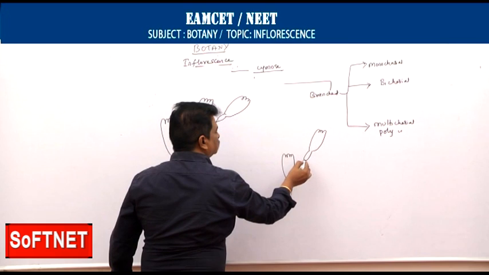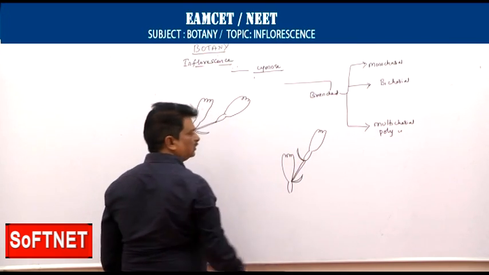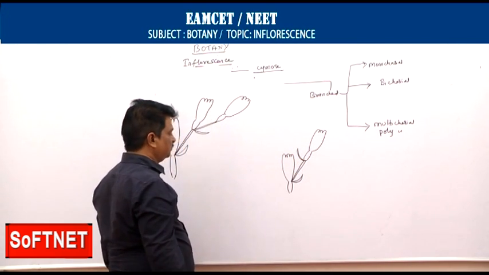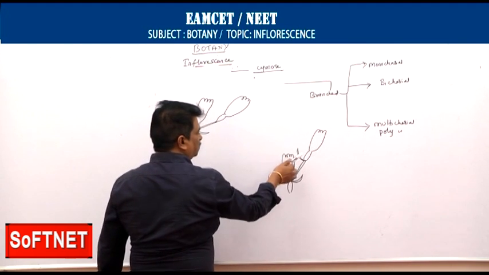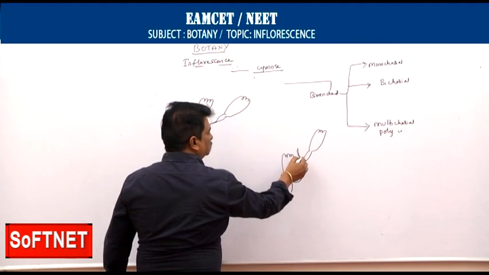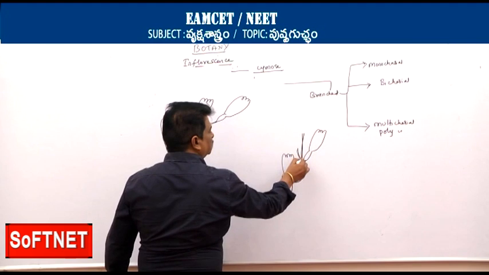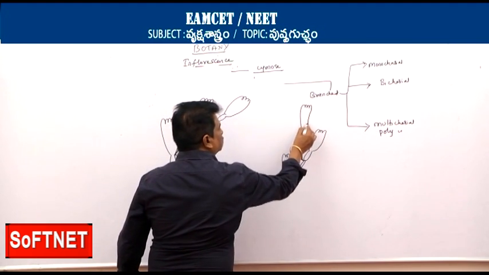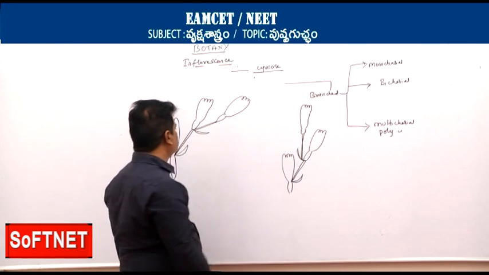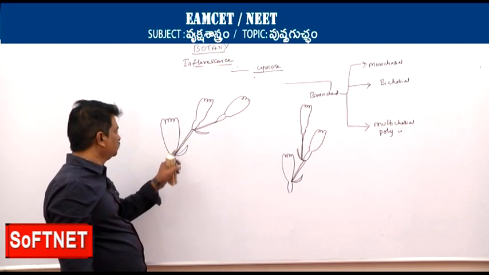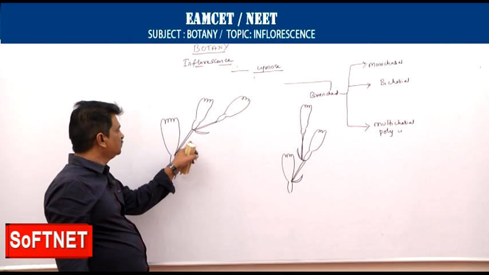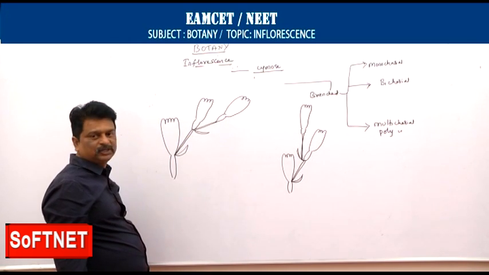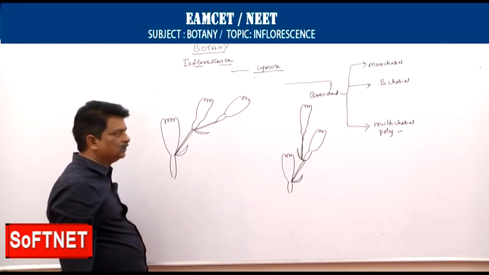In that branch, apical bud modified into flower. But in this type, this bract formed alternatively on this side, it has axillary bud. That axillary bud gives branch. That branch develops into flower. So monochasial means every time one branch is formed, that branch is terminated with flower.